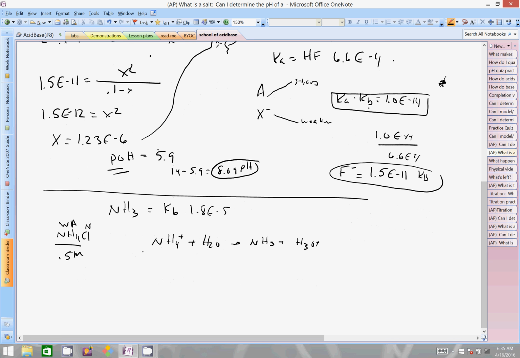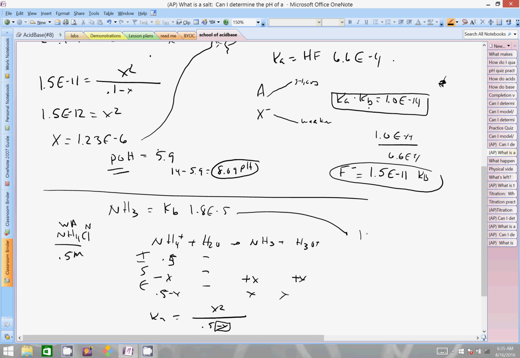And then initial stoichiometric ratio: 0.5, not playing a role, minus x plus x plus x, and then I get 0.5 minus x, x, and x. My Ka value, which I would need to determine yet, is x squared over 0.5 minus x. Likely use our shortcut rule here. So I need my Ka for this. You know, Ka times Kb equals 1.0 e to the negative 14th. I'm given Kb at 1.8 e to the negative 5th.